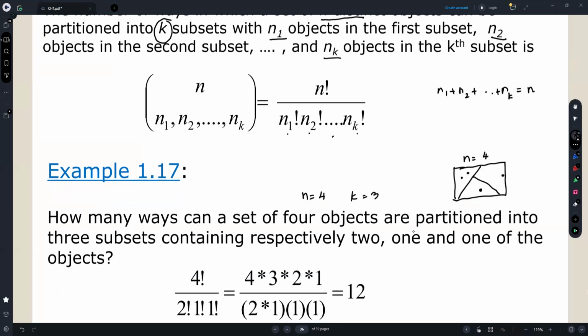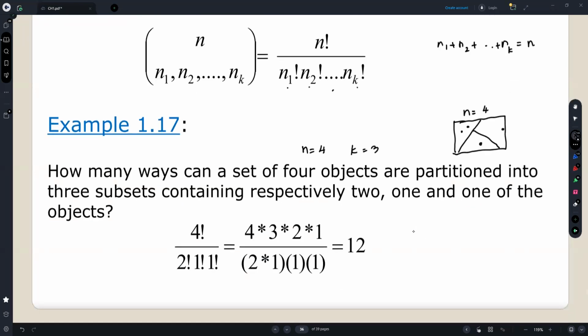How many possibilities are there? n factorial, that is 4 factorial, divided by the number in each partition: 2 factorial, 1 factorial, and 1 factorial. So how many possibilities? 12 possibilities. Okay. What you have to do is figure out how many will be in each subset and divide by the factorial of each.